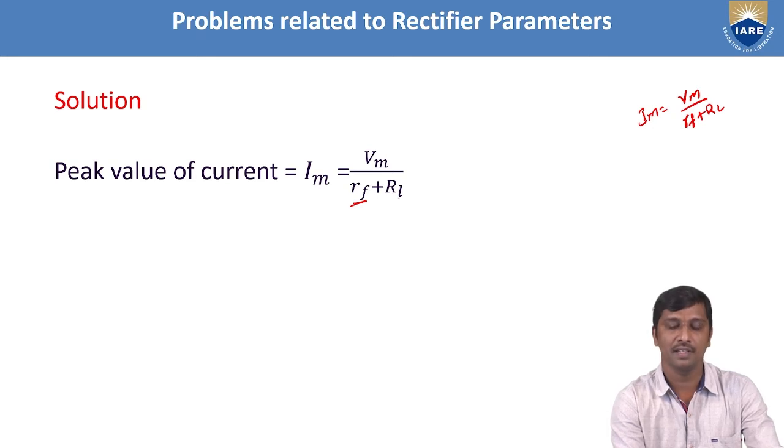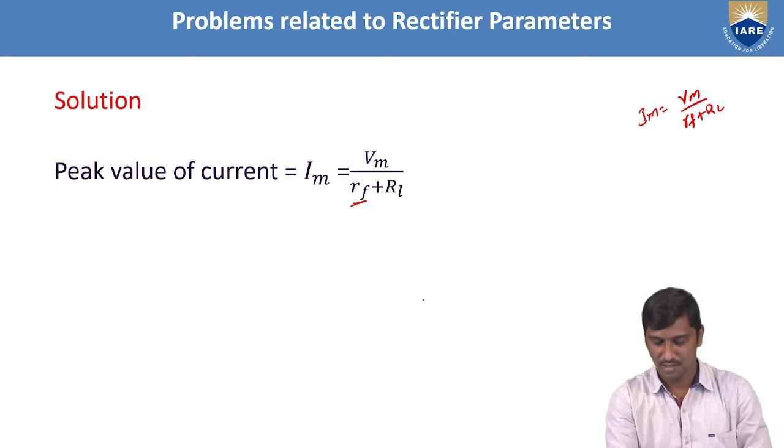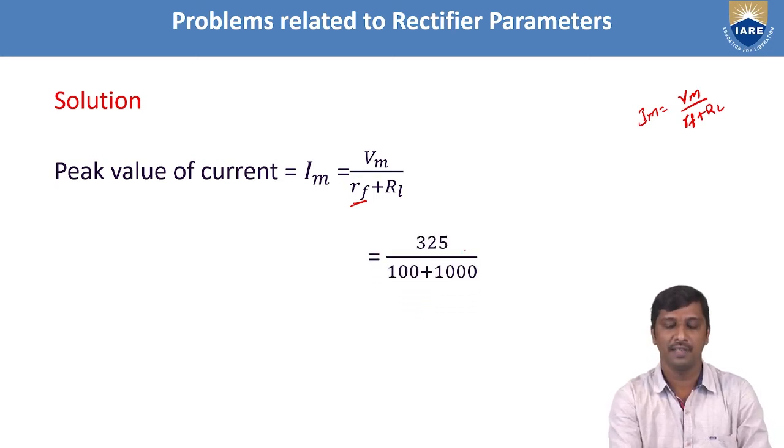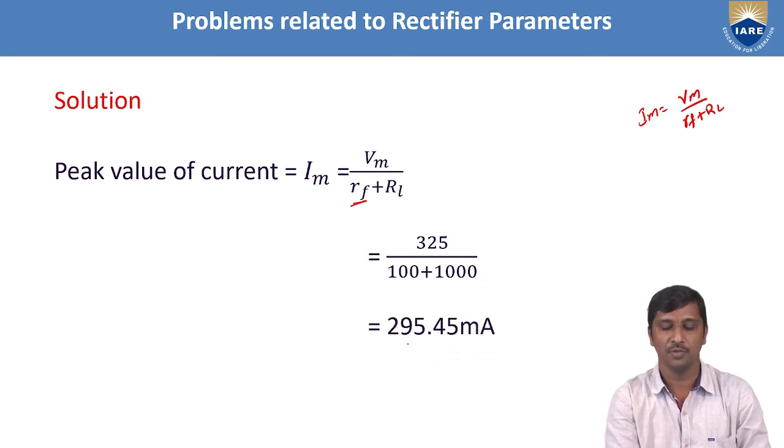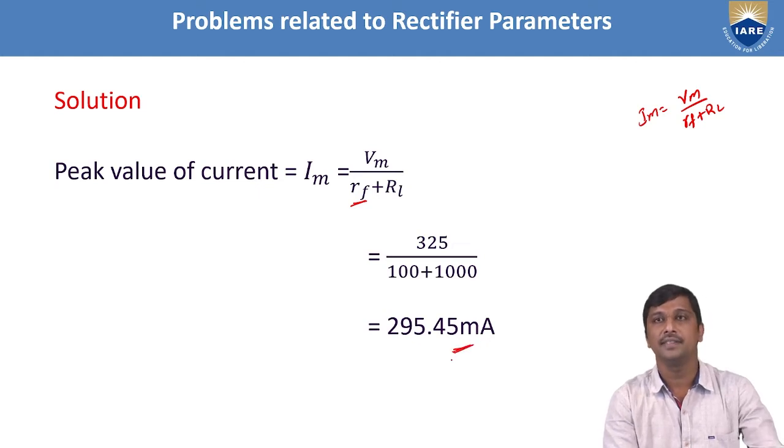They also gave a load resistance, hence we need to consider RL also. The peak voltage VM is 325 volts, RF is 100 ohms and RL is 1000 ohms. While solving the ratio 325 divided by 100 plus 1000 ohms, it gives 295.45 milliamps.